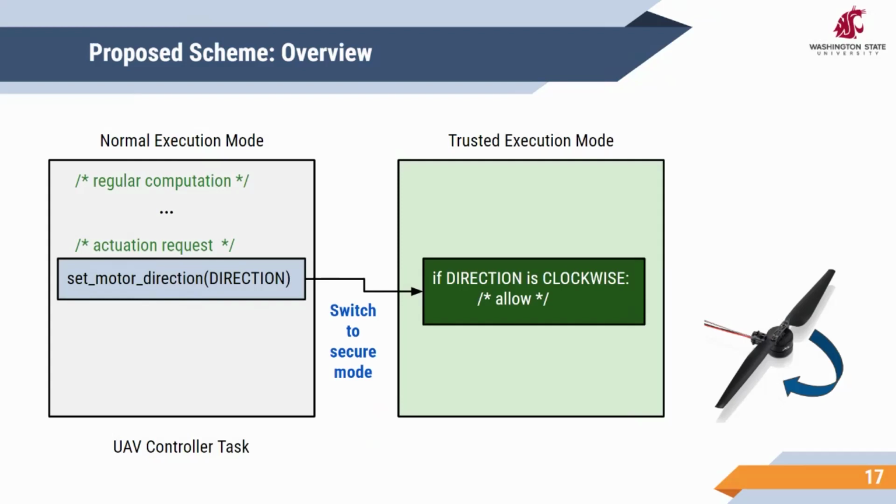In this case, for example, our desired direction of rotation is clockwise. We will check whether the same command sent from the application task is clockwise or not. If it's clockwise, then only will it be forwarded to the physical hardware. Otherwise, it will be denied.